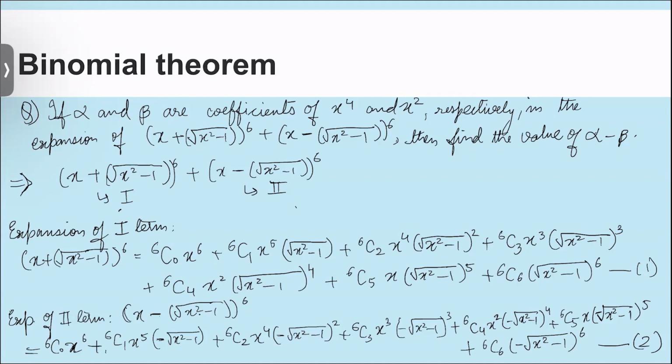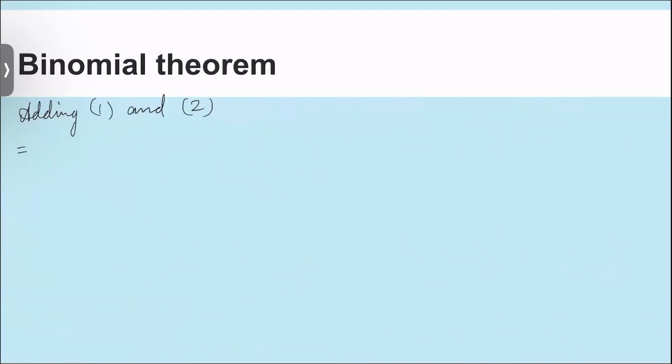So wherever you have odd powers of b, that is root of x squared minus 1, the signs before that will change. Okay, so this will become negative, then this will become negative, and also this will become negative. Okay, so when they become negative and we are adding, wherever you have odd powers of root of x squared minus 1, those terms will get cancelled.